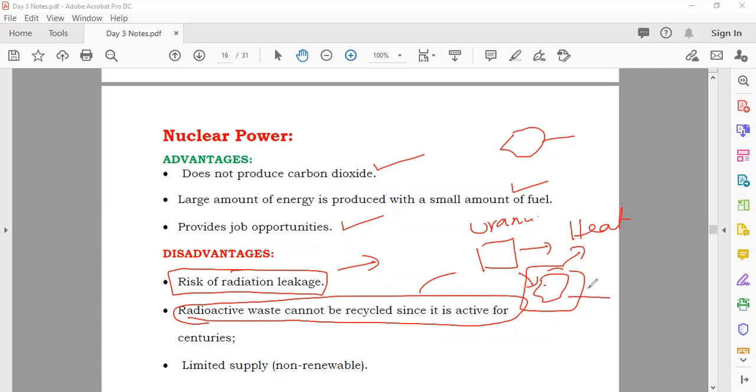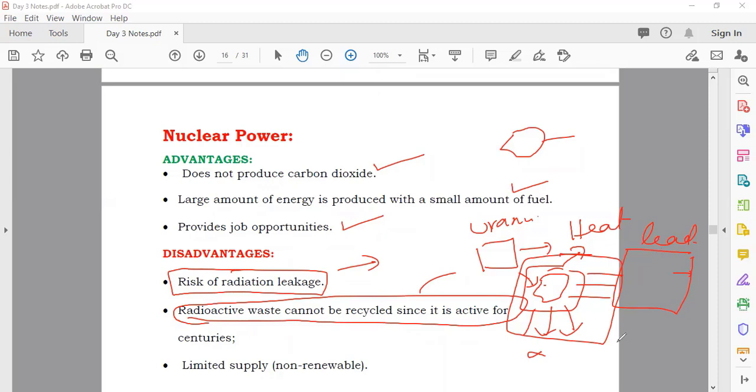But this waste produces radiation, alpha, beta, gamma, and they are really dangerous for the people. So when the waste comes out from a power station, they have to put it in special containers. Those containers are mainly made of lead, because lead does not allow the radiation to go out. After putting it in the lead, they have to store it at some place where it will be undisturbed.